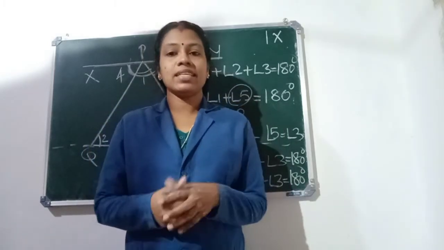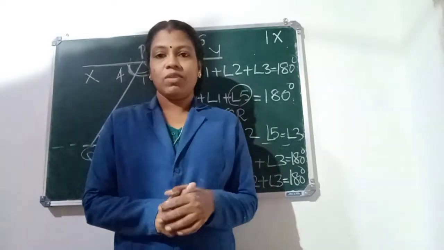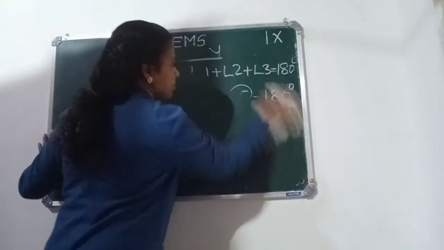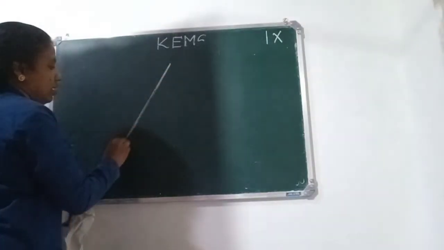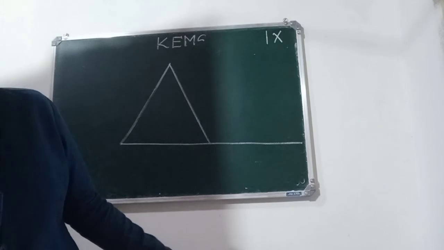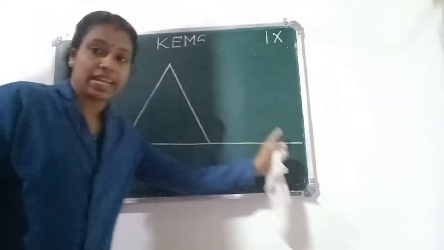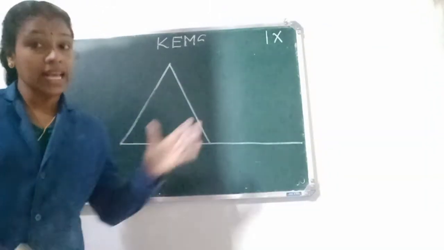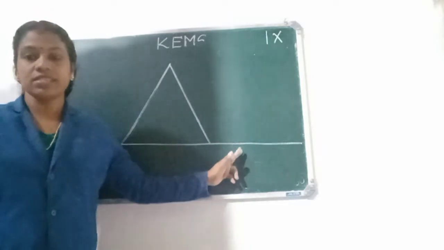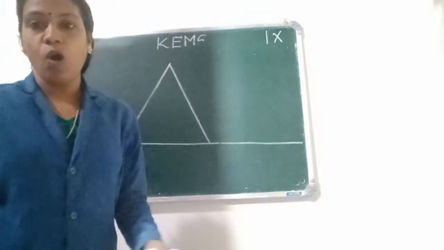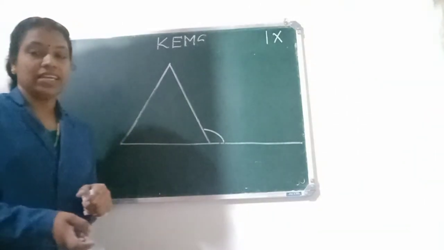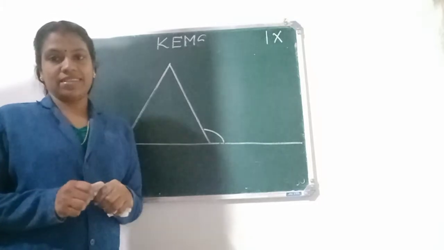Now the last property, that is the exterior angle property. What is the exterior angle property? It says that if a side of a triangle is produced, then the angle so formed is equal to the sum of the opposite interior angles.